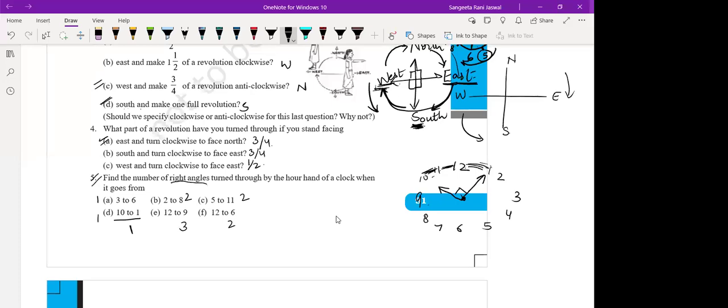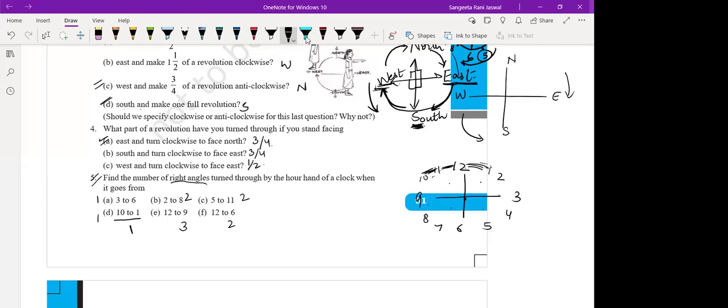Okay, suppose the clock is like this. From 3, it's like this. This is the first quadrant, second quadrant, third quadrant, fourth quadrant.